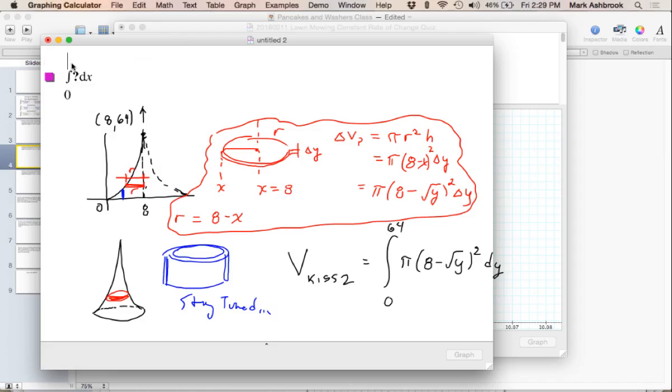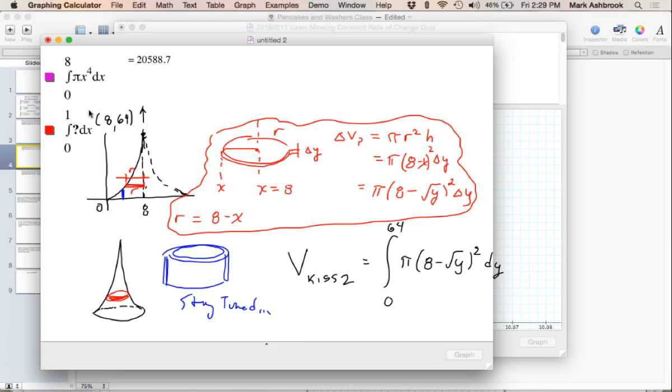First one was 0 to 8, x to the 4th dx, is that right? Oh, pi. There's a pi in there, right? Second one was this one that we just did. Is that the integral we set up for the first one? Yes.